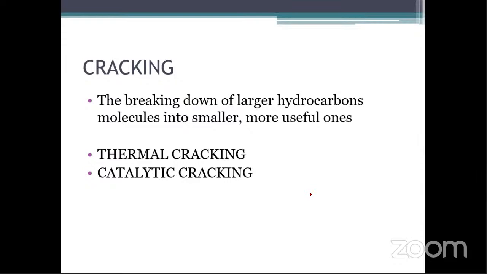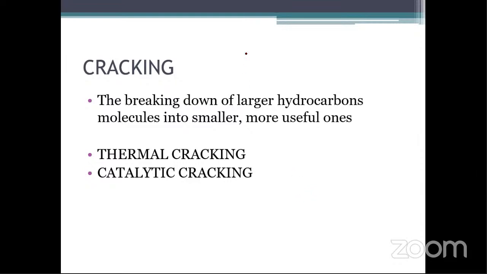Now you have two types of cracking: thermal cracking and catalytic cracking. Can anybody volunteer to tell me what they think thermal cracking is all about and what catalytic cracking is all about?